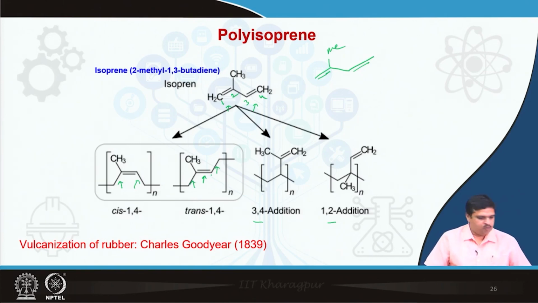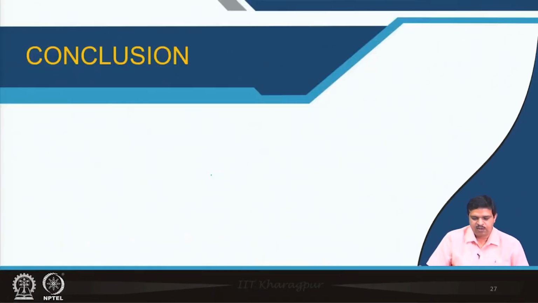So, from here it is very clear that depending on the polymeric chemical structure, the properties of the polymers are highly varied.